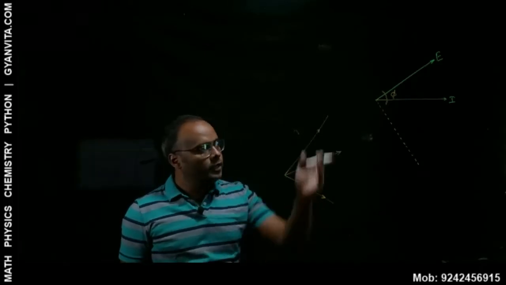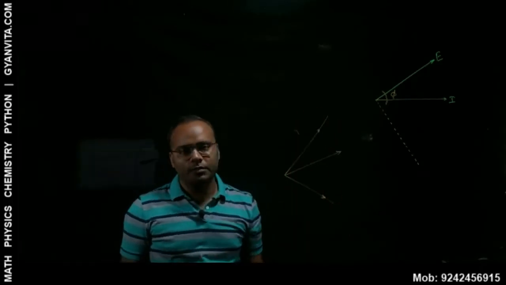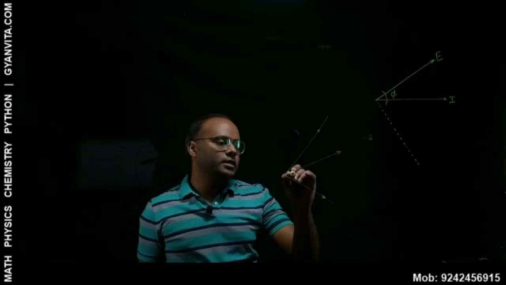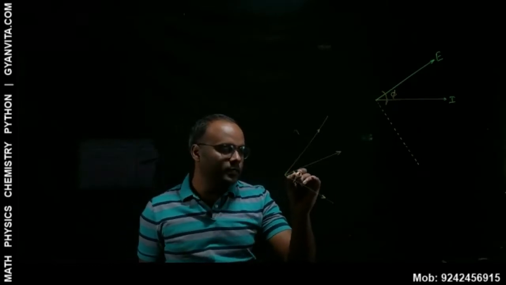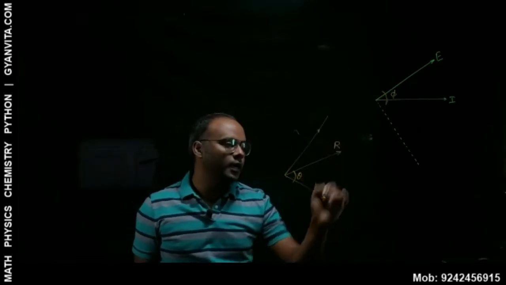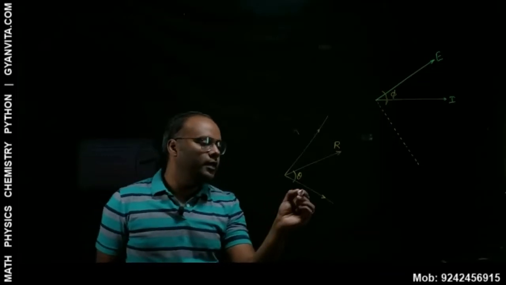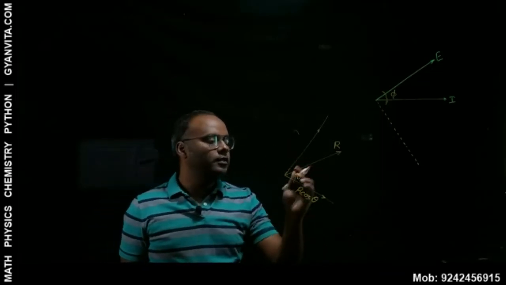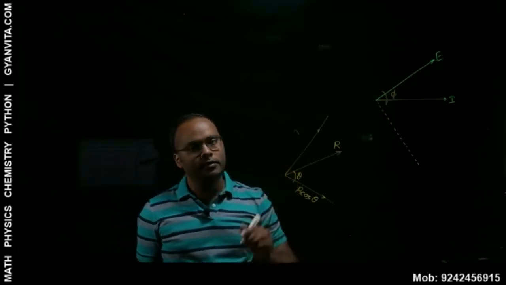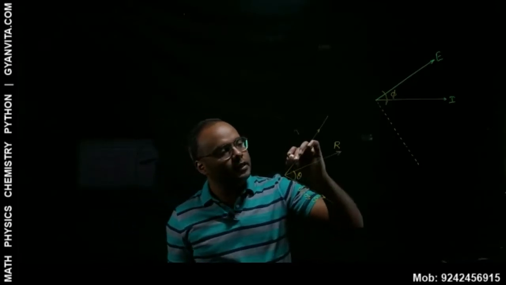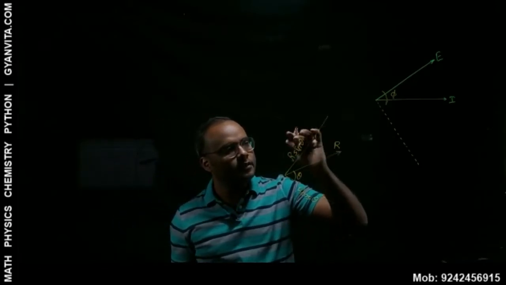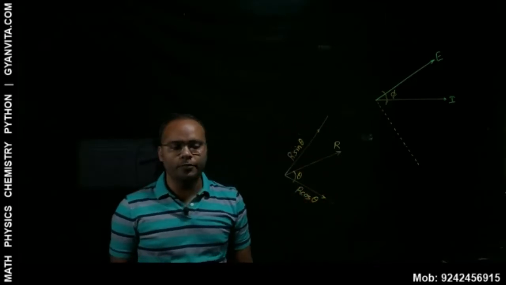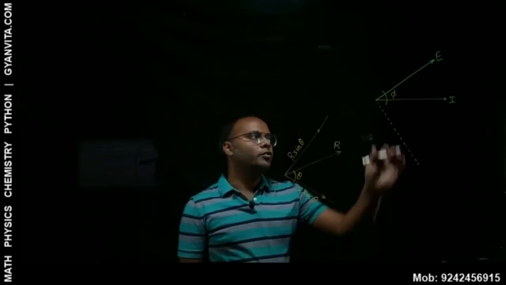Suppose this makes an angle theta and this is vector r, then along theta the component will be r cos theta, and along the perpendicular, the second component will be r sin theta. This is the basic which we know. Now the same thing we are going to apply here.